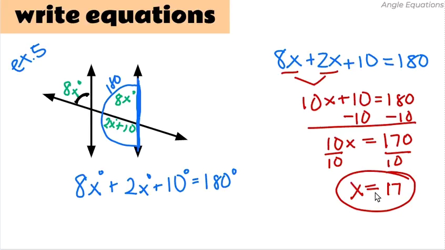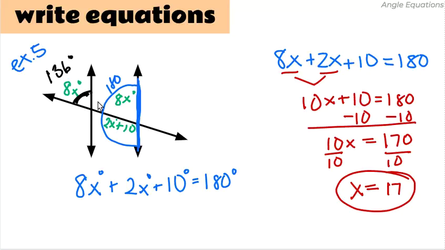So if x is 17, how could we figure out what this angle measure is? We could multiply 8 by 17. Let's see what you get. You get this angle equals 136.